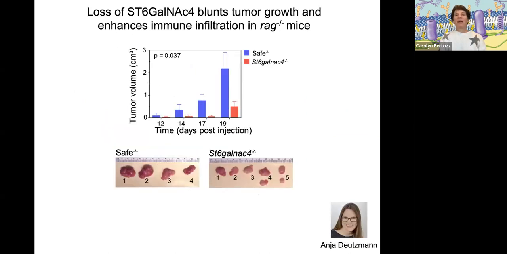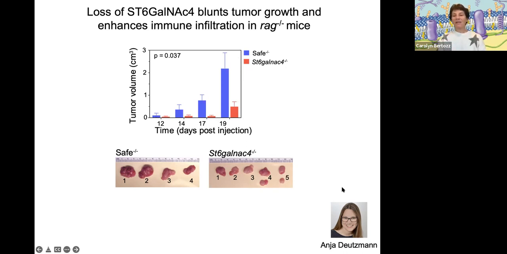Further confirmation of this model came when we looked at how cancer cells grow in a mouse model when they're missing ST6-GalNAc4 and therefore unable to make high levels of disialyl T. These ST6-GalNAc4 knockout cells have a very difficult time engrafting in an animal because they're riddled with immune cells, whereas cells that are able to make ST6-GalNAc4, the wild type cells, are able to suppress immune infiltration and they can grow much more readily.